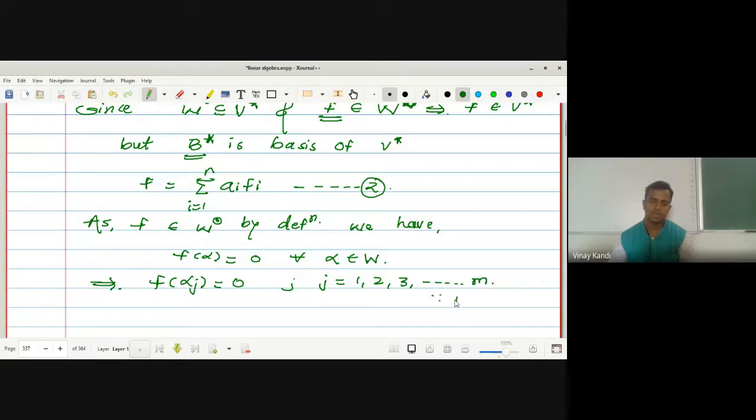Why? Because B1 is contained in W. By the definition of annihilator of W, we have F of alpha is equal to 0 for all alpha belonging to W.